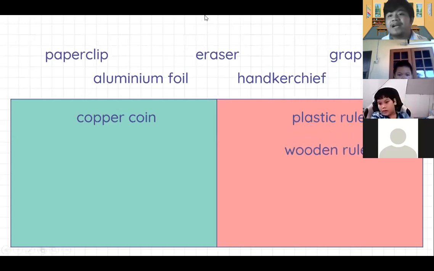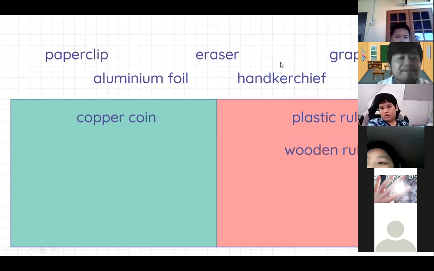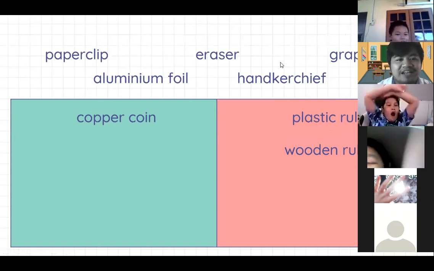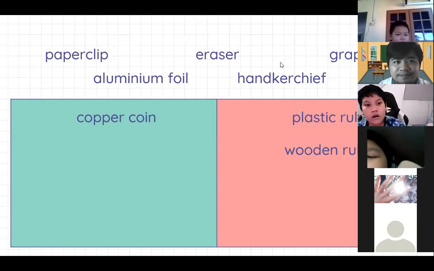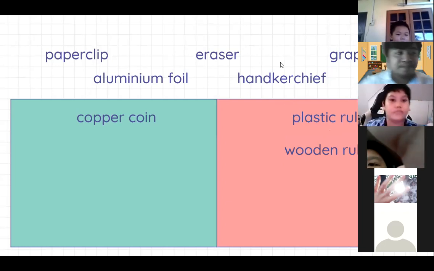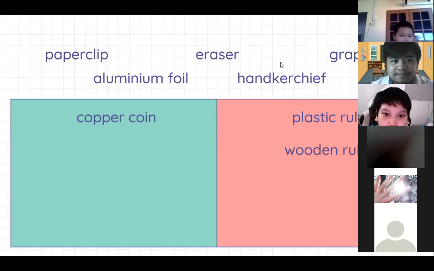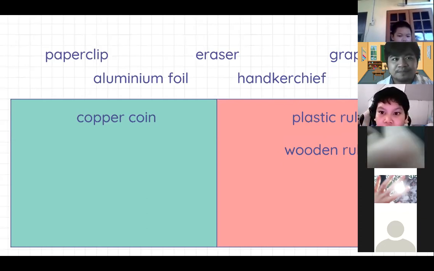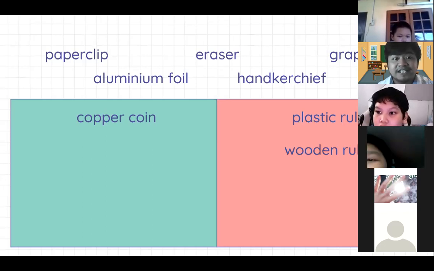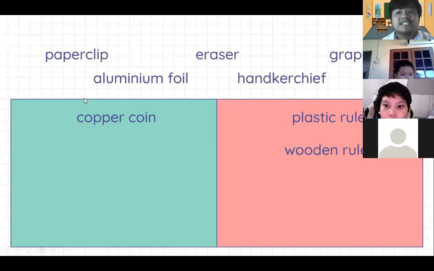How about paper clip? Is it green? Paper clip with vinyl coating. It's not a metal clip. It's like a rubber coating. It's an insulator, okay?